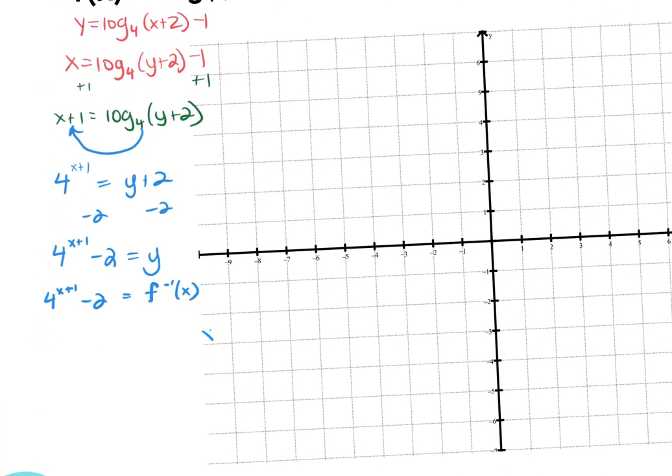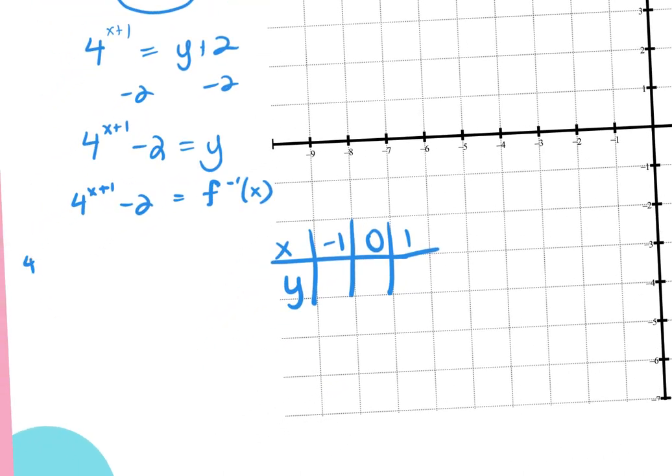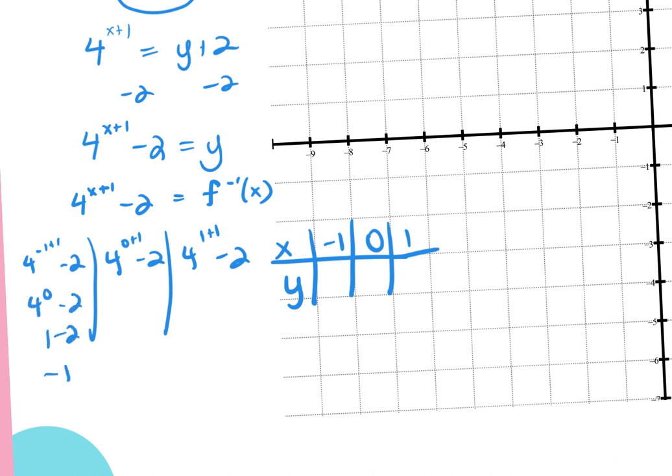Now I can plug in. When I do the inverse, I'm plugging in for the x, because that's where my exponent has the x. So I would do 4 to the negative 1 plus 1 minus 2, then 4 to the 0 plus 1 minus 2, and then 4 to the 1 plus 1 minus 2. I get 4 to the 0 minus 2, which is 1 minus 2; 4 to the first minus 2, which is 4 minus 2; and 4 to the second minus 2.